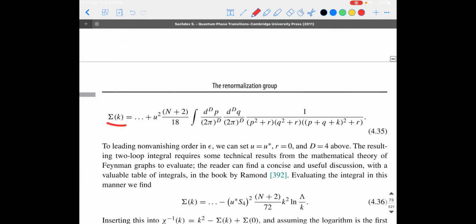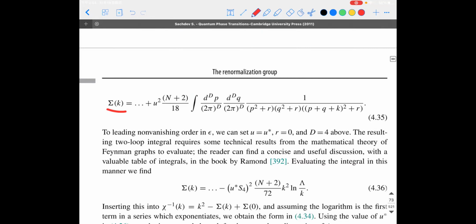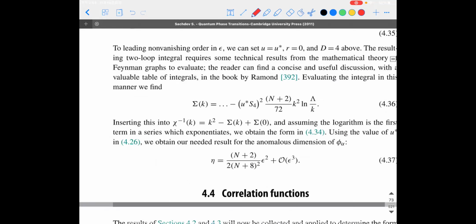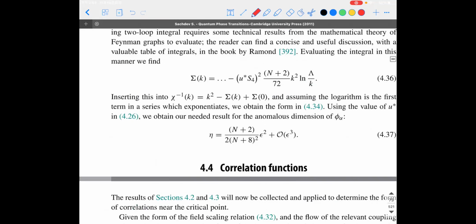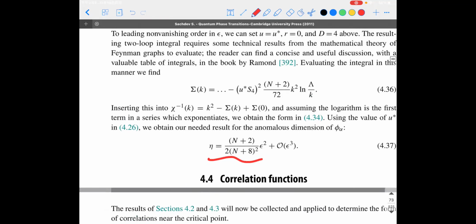Okay, and sigma becomes this one. To the next order in epsilon, you can see this one. And you can calculate it. Then you can go to the eta.